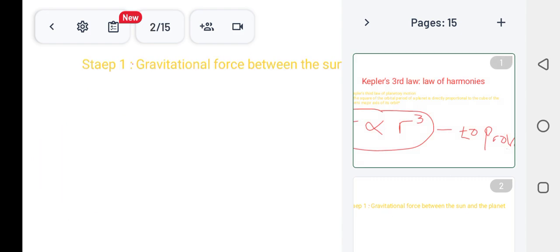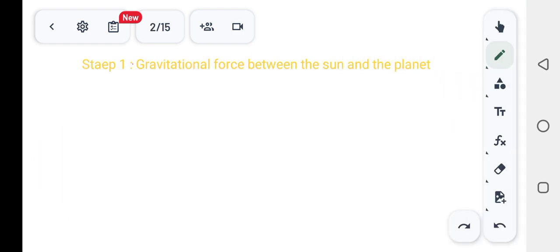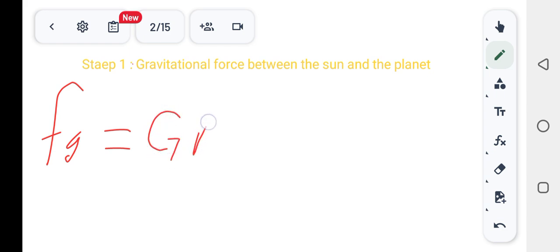Step 1. We have the gravitational force between the sun and the planet. According to Newton's law of gravitation, the gravitational force between the sun and the planet is given by this expression.